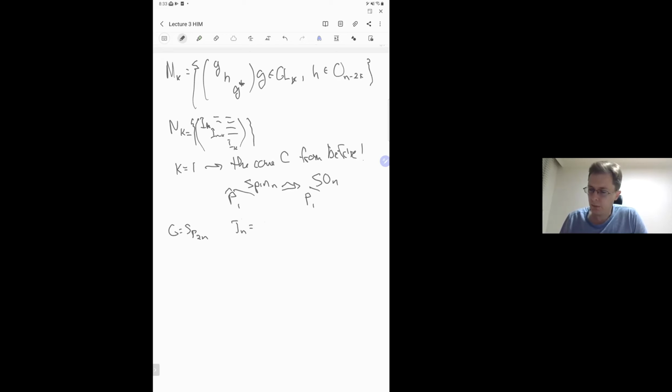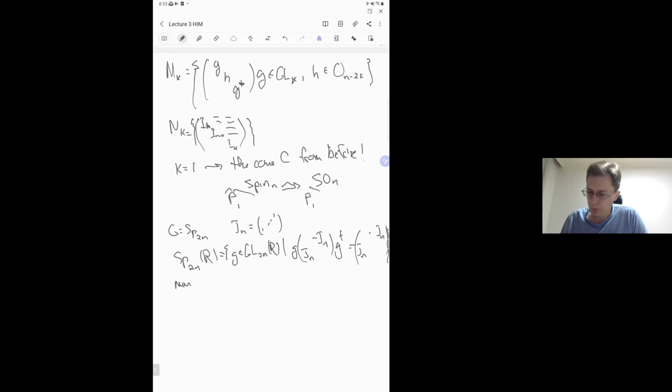If I let Jn be the anti-diagonal matrix in GLN, then SP2N of R is the set of all g in GL2N of R such that g times Jn times g transpose is equal to negative Jn. It doesn't really matter what symplectic group I take, but let's just take this.